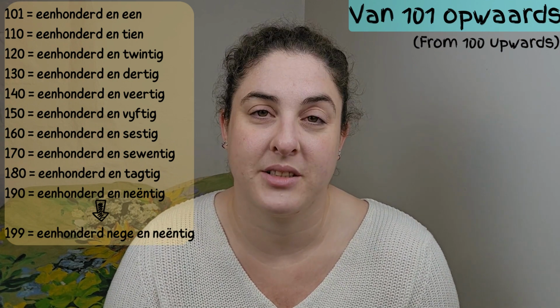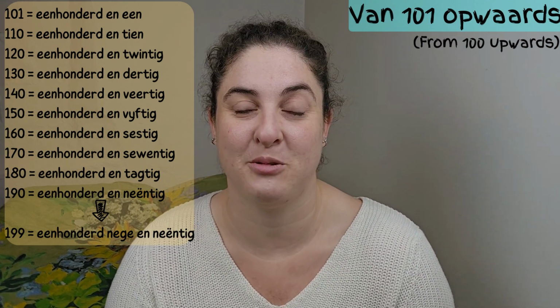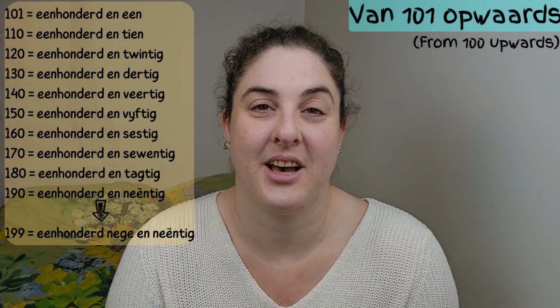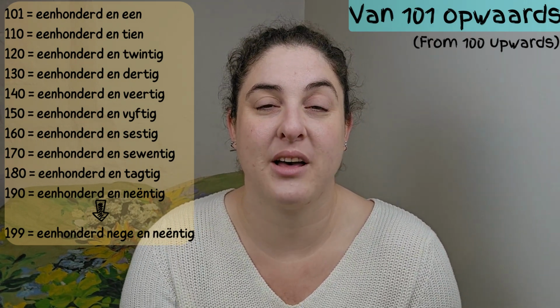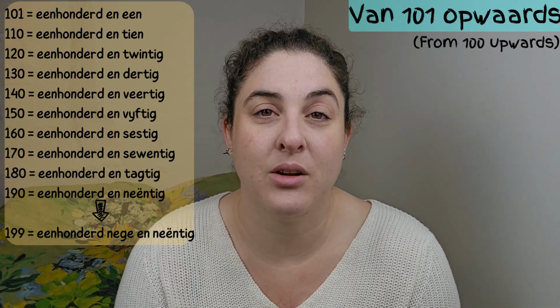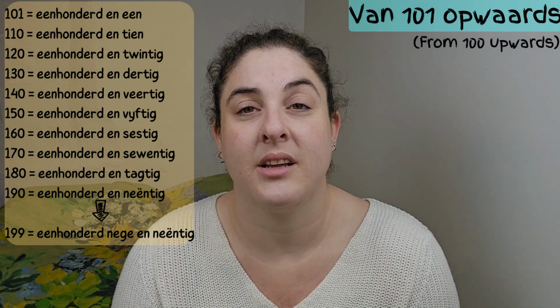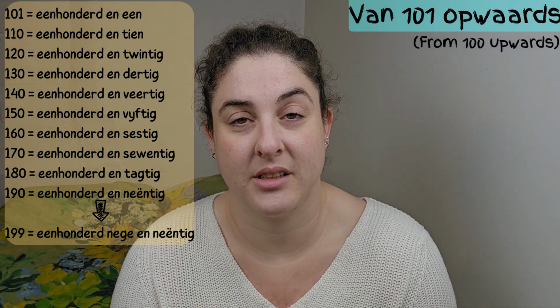that you can practice, and all of this that I'm rambling on about now will make more sense when you see it in practice. So when you look to the left, we have 101, 110, 120.